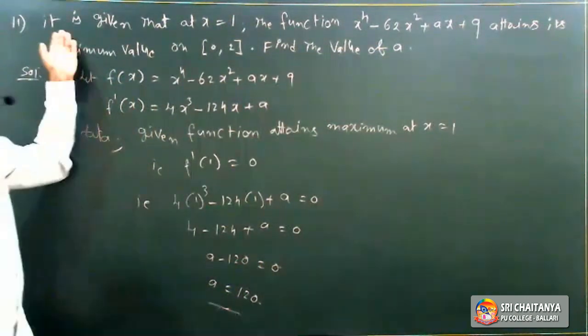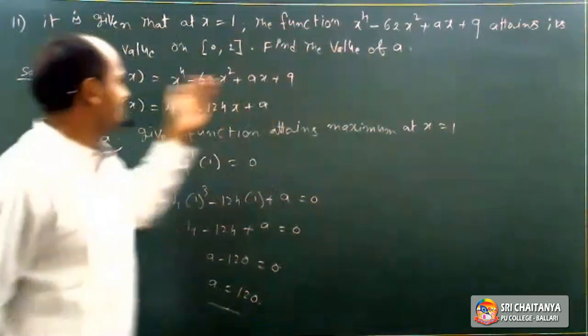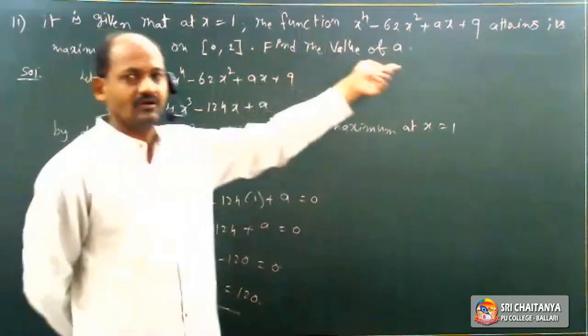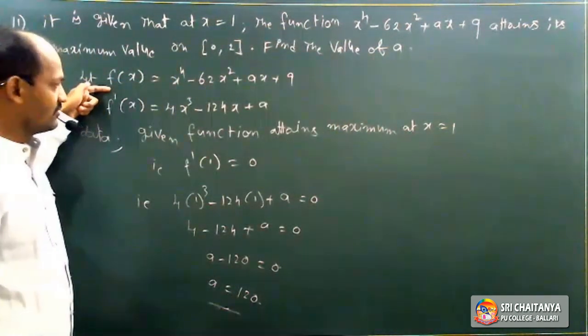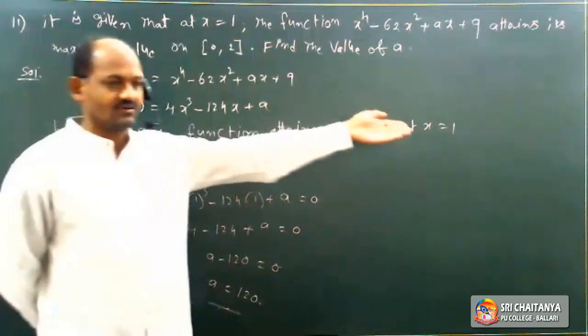Okay? It is given that at x equal to 1, the function attains its maximum on 0, 2. Find the value of a. Let us consider f of x equal to the given function and find the derivative. Given it is a maximum at x is equal to 1.